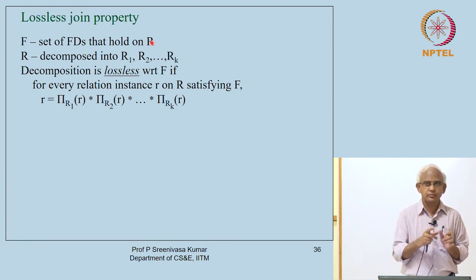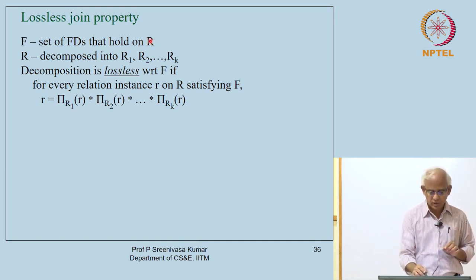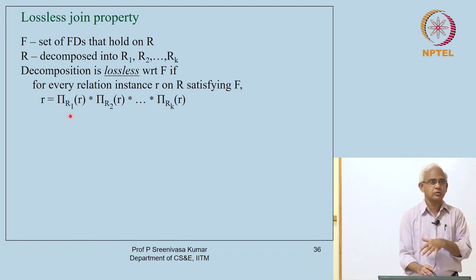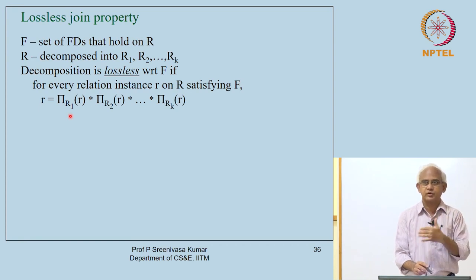because these two tuples exist, you will always get back your original tuple. You agree with that? You take a tuple in R, project it onto R1, project it onto R2, you get two subtuples. So, it is the same tuple that became two different tuples, one on R1, the other on R2.